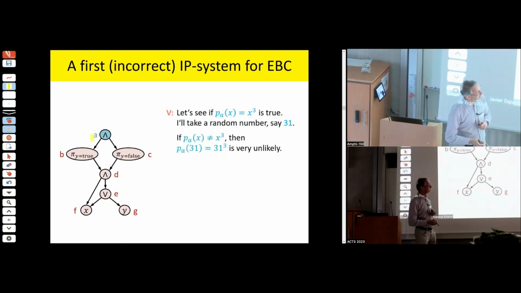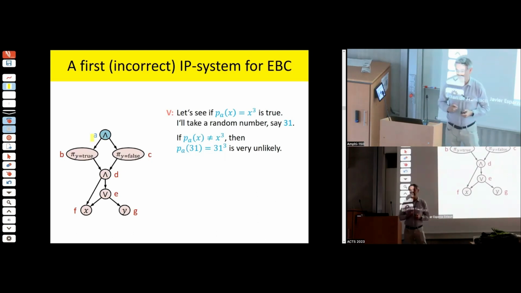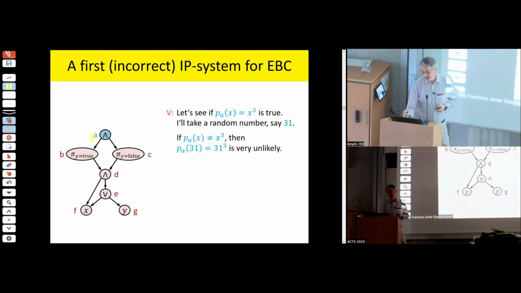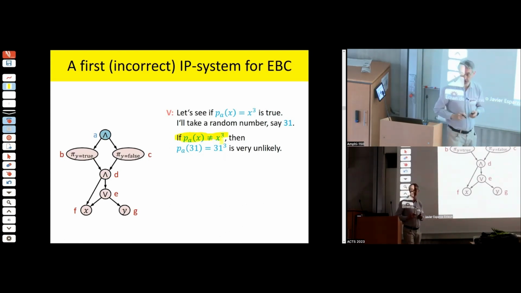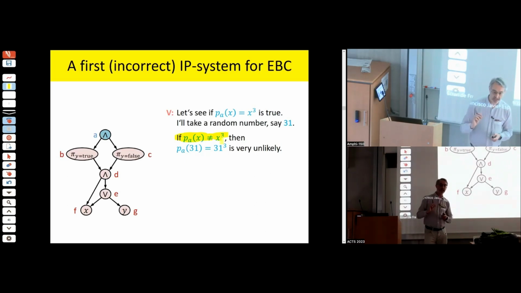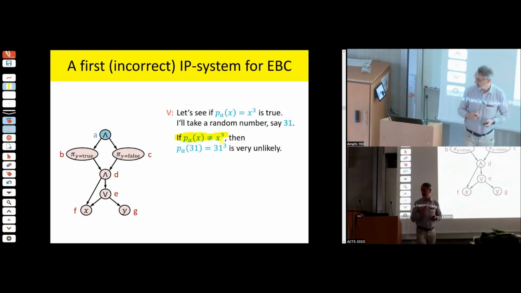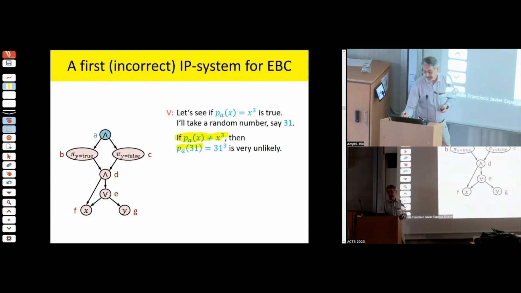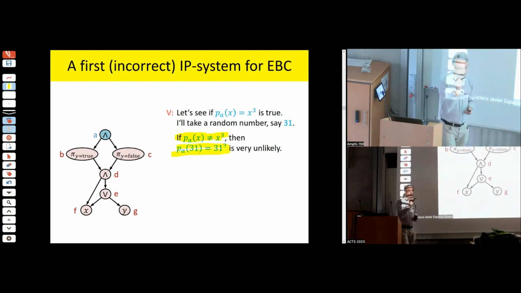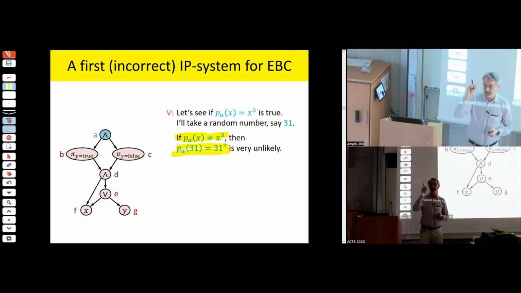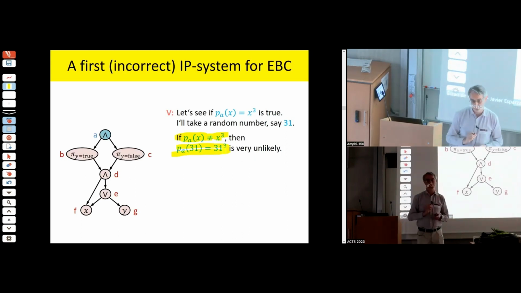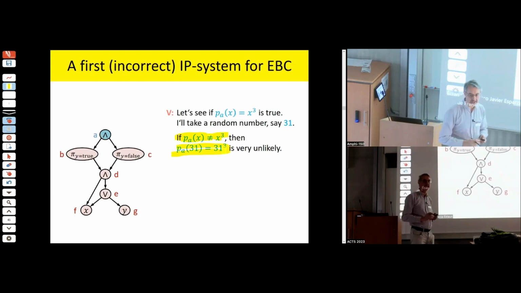Good. And then this is the second crucial idea. If the polynomial is not x to the cube, so if the real polynomial is something else and the prover is trying to fool me, then it is very unlikely that that polynomial on 31 gives me 31 to the cube. And probably many of you know this.